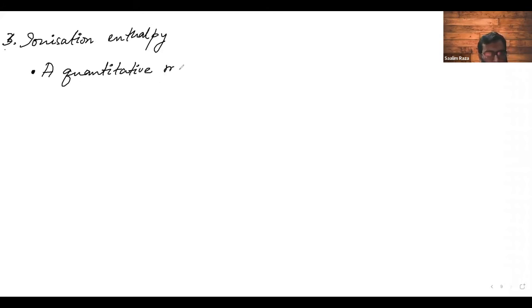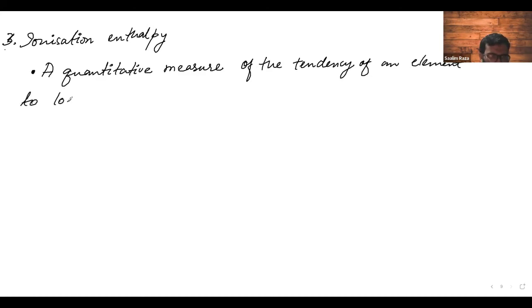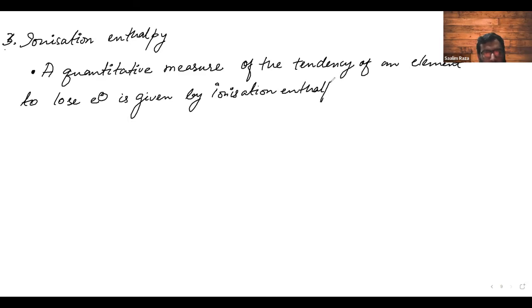A quantitative measure of the tendency of an element to lose electron is given by ionization enthalpy, which we write as delta.